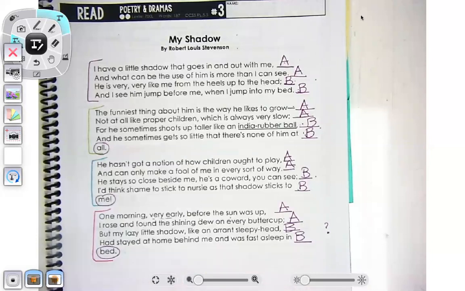So I just want to highlight here some of the characteristics and structure of poetry. Another thing that you might find in poetry is similes and metaphors. Some poems have them, some poems do not. So remember, a simile compares two things using like or as or the word than.